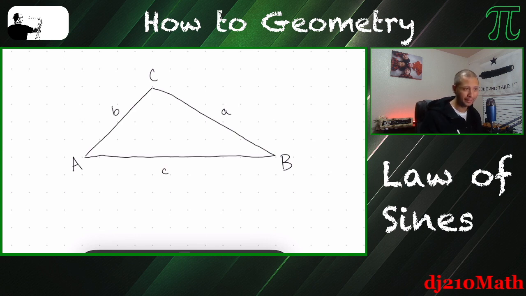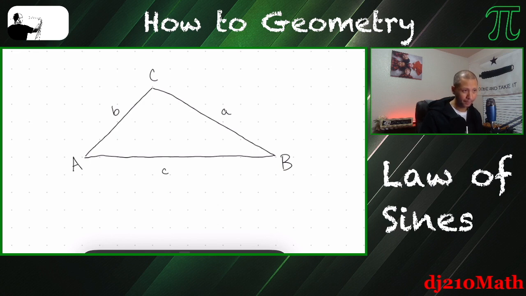Okay, with that being said, here we don't have a right triangle. We just have an arbitrary, random triangle. And what the law of sines says is that there's a relationship between the sides and the angles in a non-right triangle.